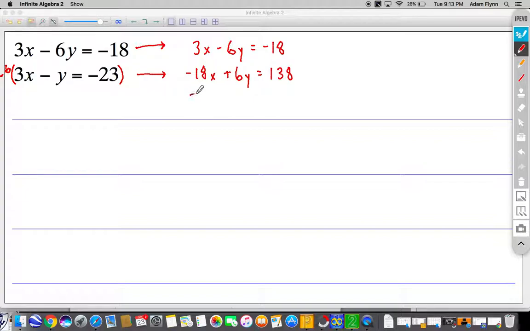So I'll combine. Negative 6y plus 6y cancels. 3x minus 18x is going to be negative 15x. And negative 18 plus 138 is going to be 120.